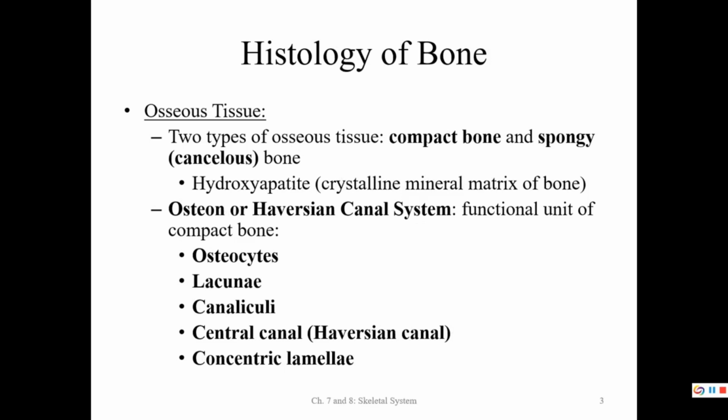It's the functional unit of compact bone. Remember, there are osteocytes trapped in the lacuna. There's canaliculi, a central canal, sometimes called the Haversian canal, and concentric lamellae that we saw as well. I already did the histology of bone in the histology section, so I just remind you of it and go on from there. The only thing we didn't see is concentric lamella or lamellae.